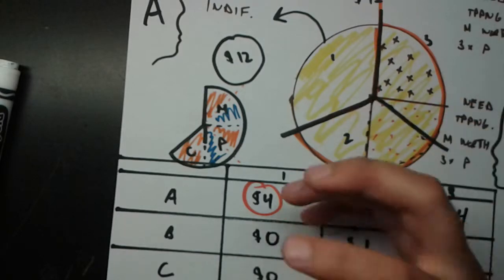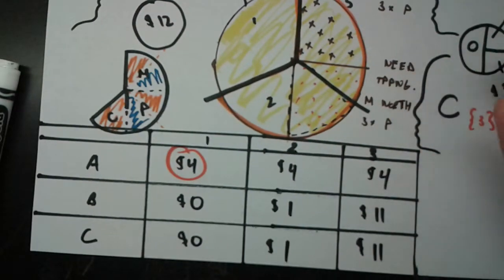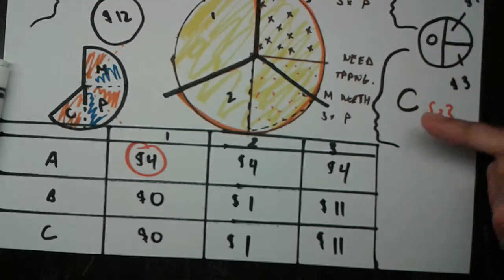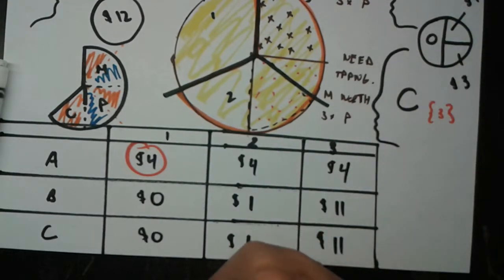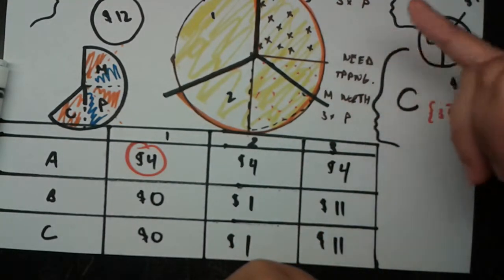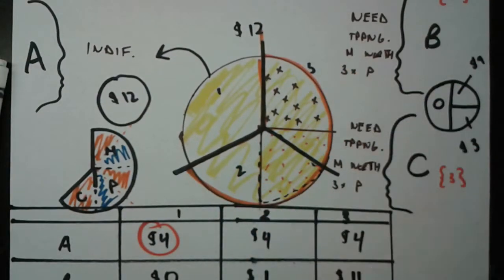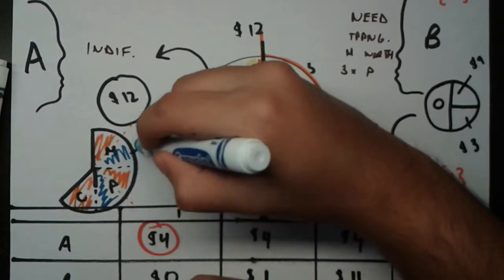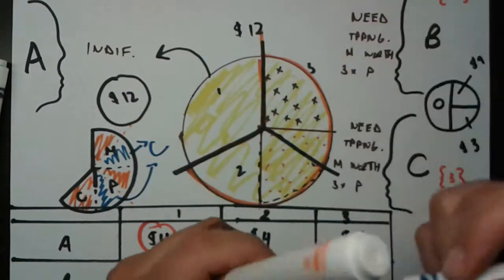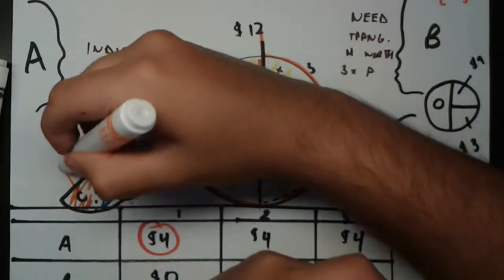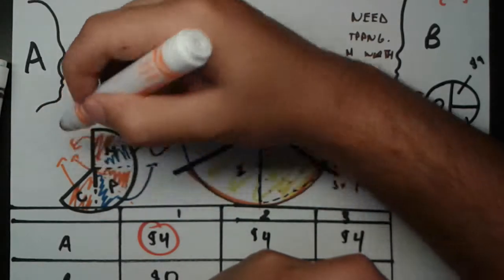Now the selector, which is C, would choose which piece he wants. Of course, in this case, they have the same preferences, so it doesn't matter which piece he chooses. Let's just say he chooses the blue piece, so everything in blue goes over to person C, and everything in orange will be handed over to person B.